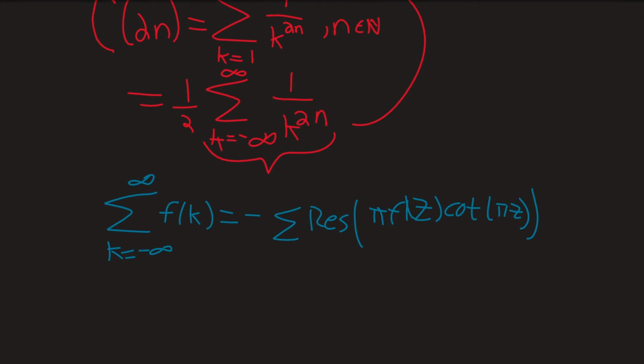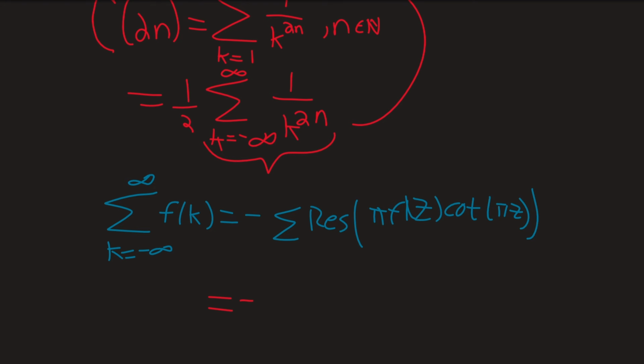So the moment we apply this formula to our 1 over k to the 2n, what we end up finding is that our sum is just going to be equal to the negative sum of the residues. But we're only going to have one residue. Sorry, I should clarify, these are residues of f of z.